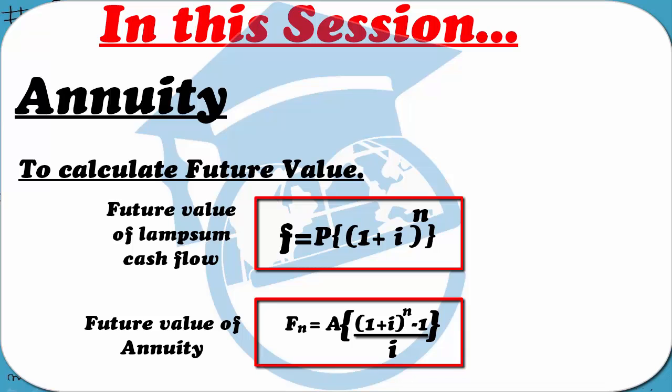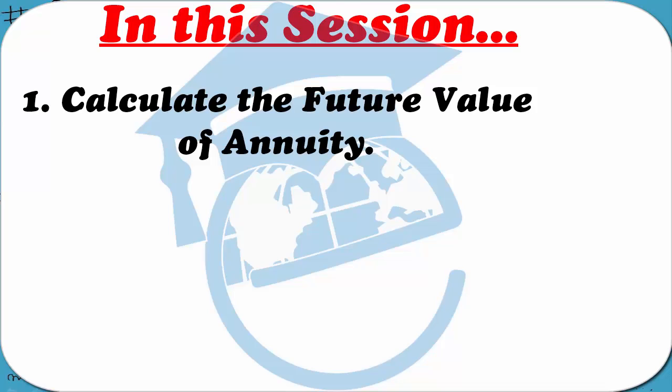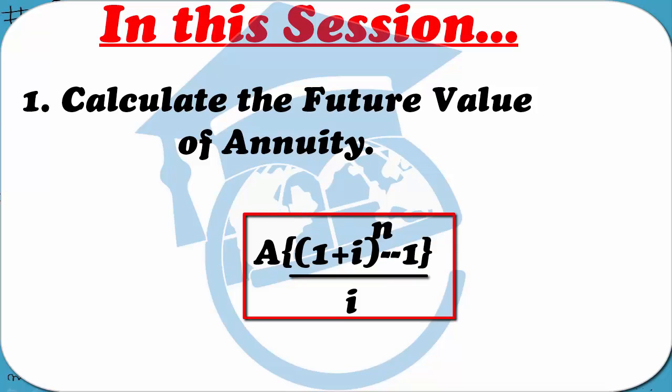As I said, students, step number 1 is what? That we are calculating the future value of the annuity which is being deposited at the end of every year for the next n number of years. So we are getting the future value of an annuity, which is A multiplied by 1 plus I raised to the power n bracket close minus 1 whole upon I. So this is step number 1.